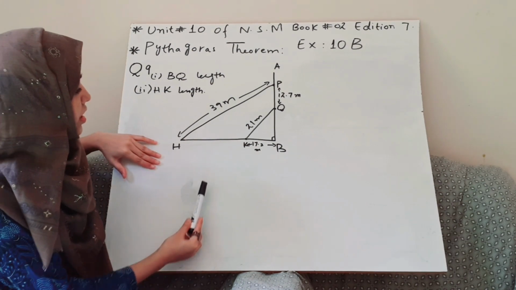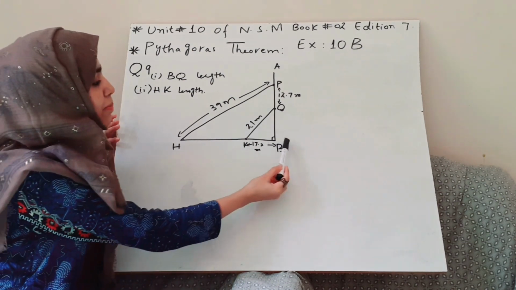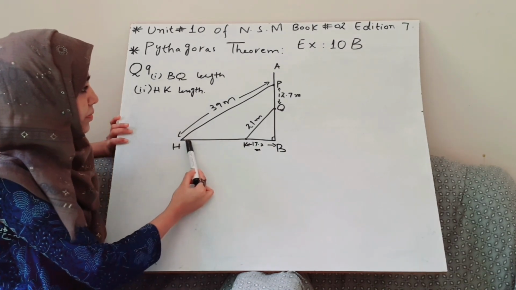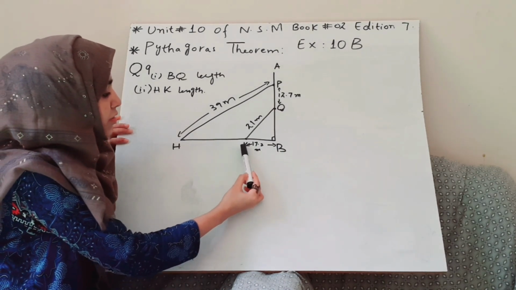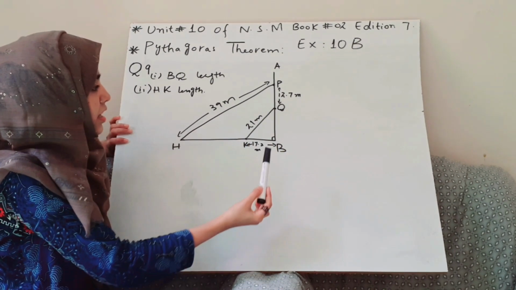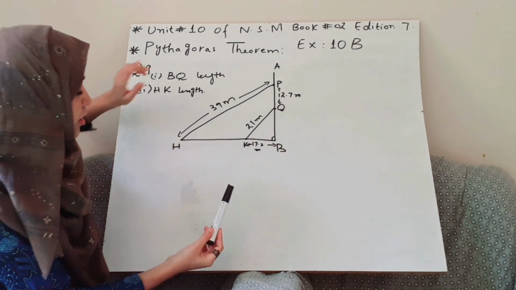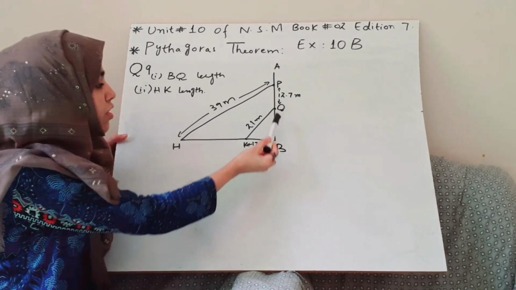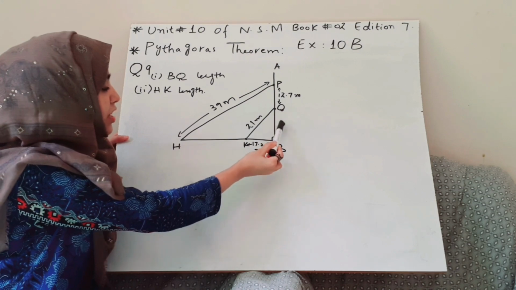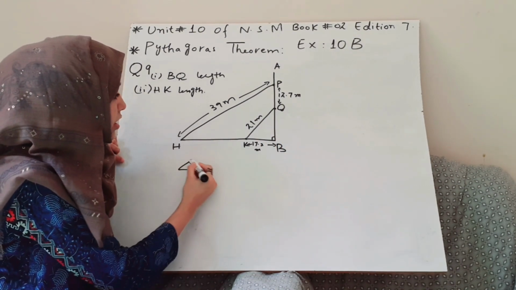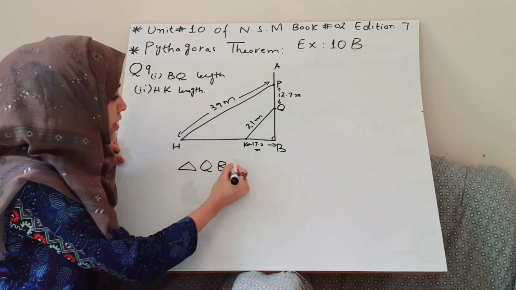In this figure, they asked about in the first part BQ length. If we see this figure in which we have given the distance from K to B and from K to Q, and they asked about in the first part BQ. So for this first part, what we have to do? We have to take triangle KBQ.